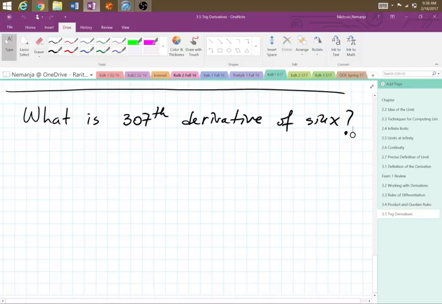So what's the 307th derivative of sine x? Negative cosine x? Yeah. Yep. Nice. Negative cosine x.